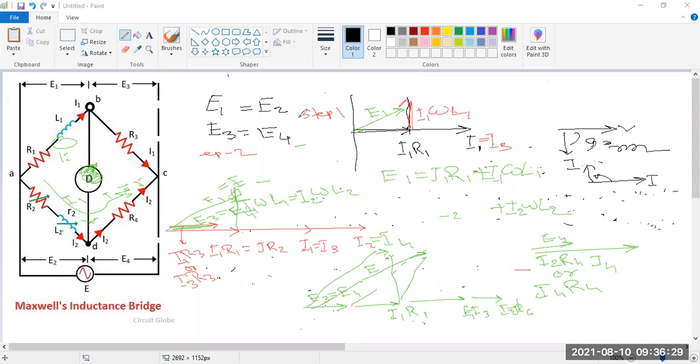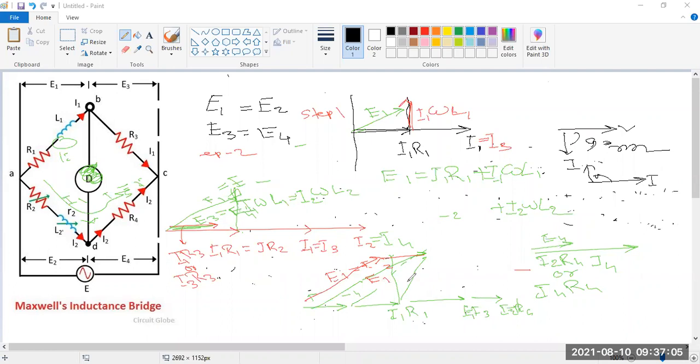I want to draw this properly if time permits. This is E1, and now this is the E. Okay, and this is E1 equal to E2.